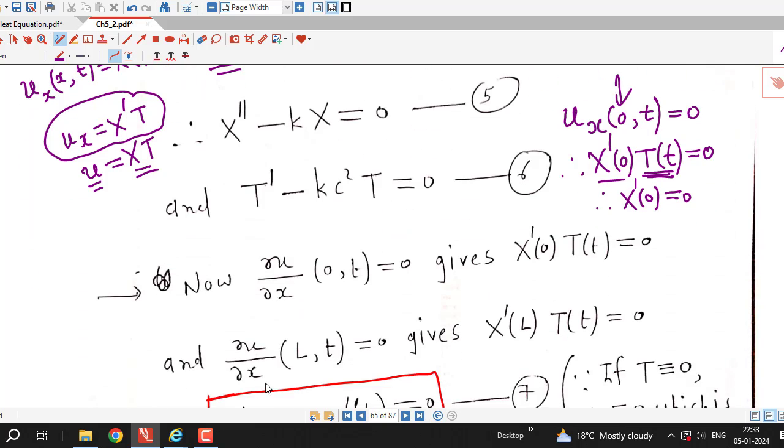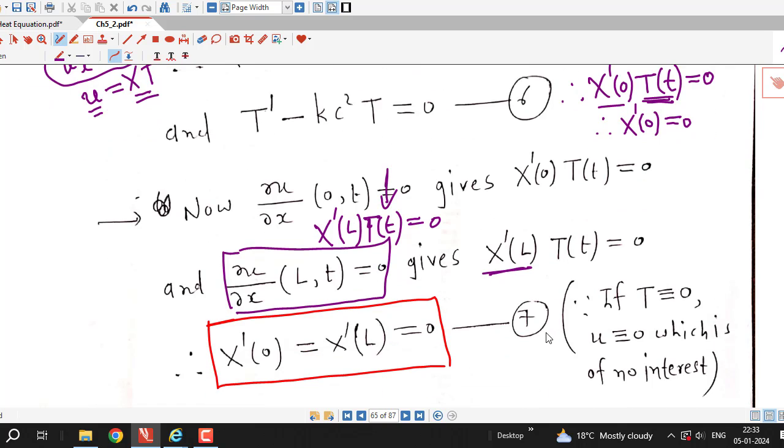Similarly, if we use this one, ∂u/∂x is 0 at capital L, then we will have X'(L) and T(t) equal to 0, and T(t) equal to 0 gives us u equal to 0. Therefore we must have X'(L) equal to 0.